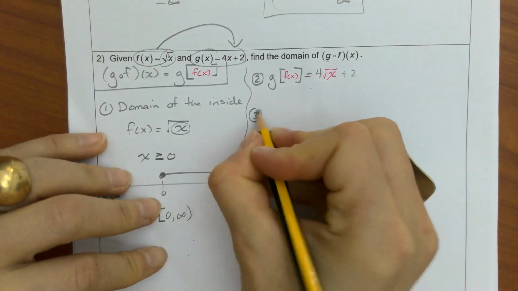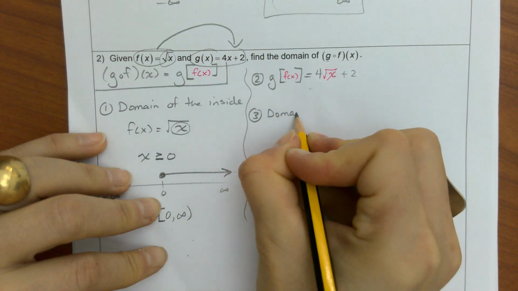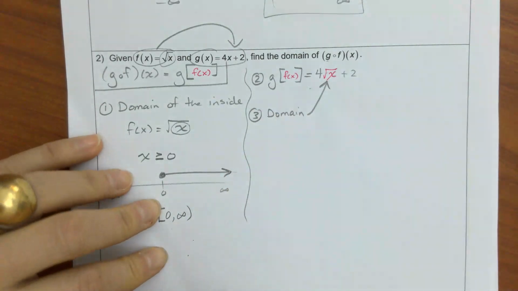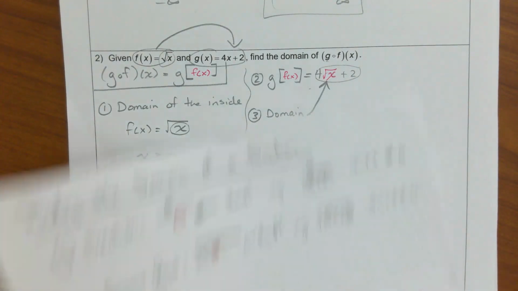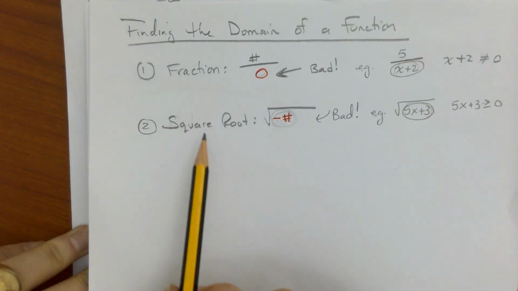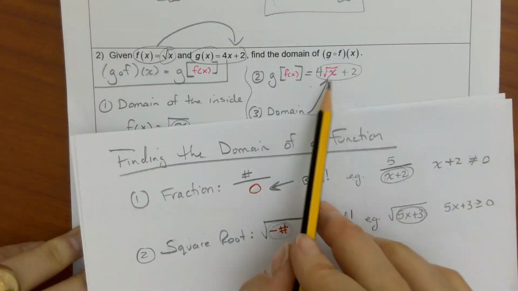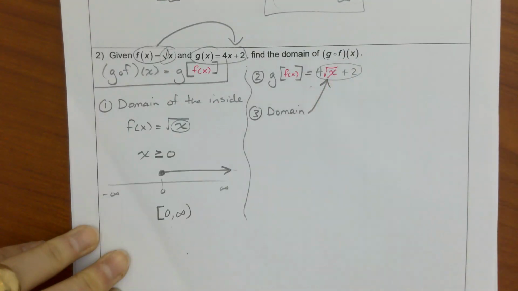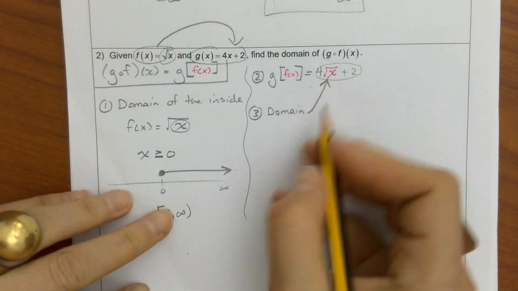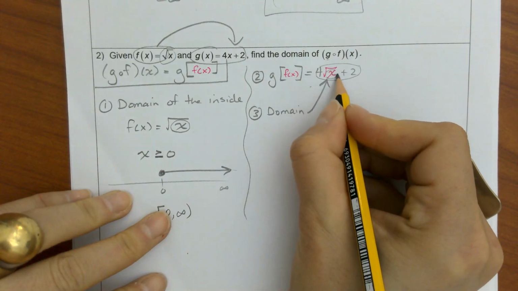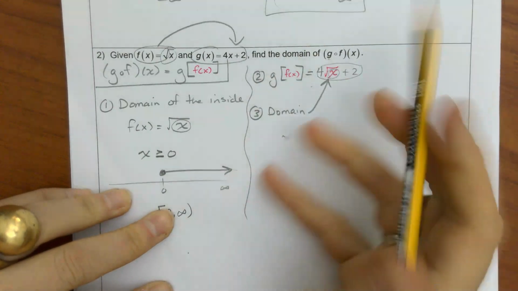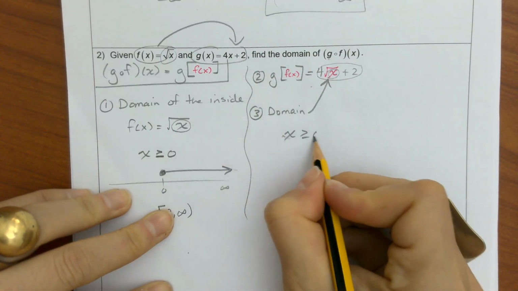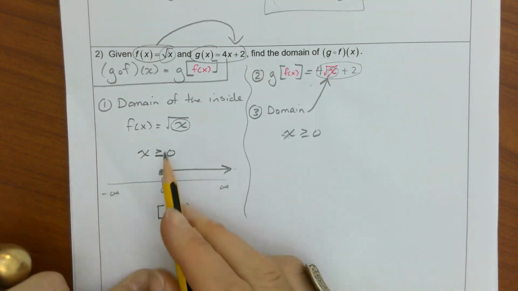So now step 3, I need to find the domain of this. Well, the whole thing. Do I have any restrictions? Fractions and square roots. I have a square root, so I have a restriction here. So everything under the square root, which is just an x this time, has to be bigger than or equal to 0. What's the same as this?